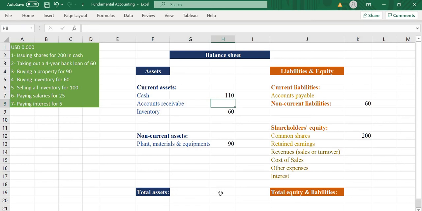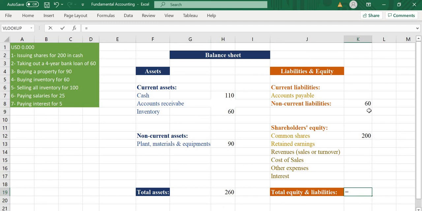So now we try to calculate total assets and total equity and liability to see whether the company's balance sheet balances. Assets equal all the items of current assets and non-current assets.